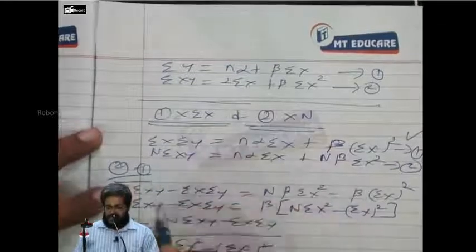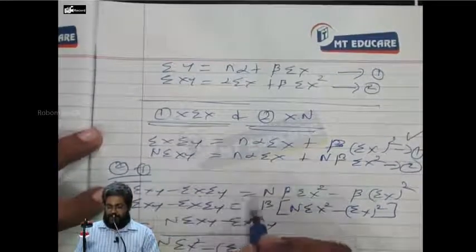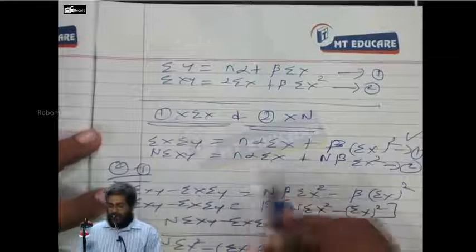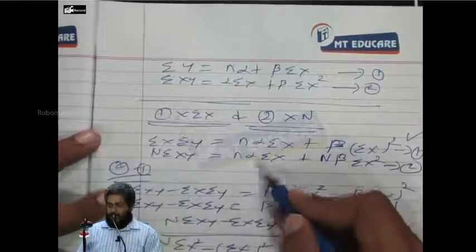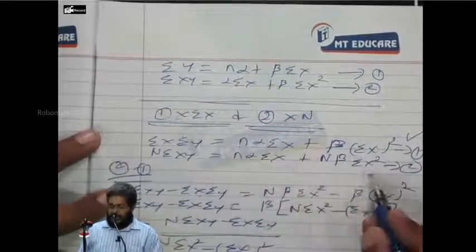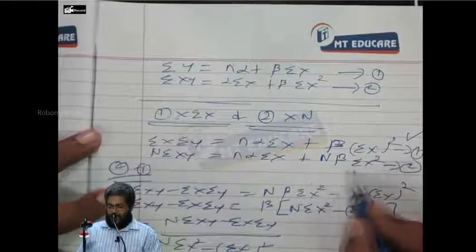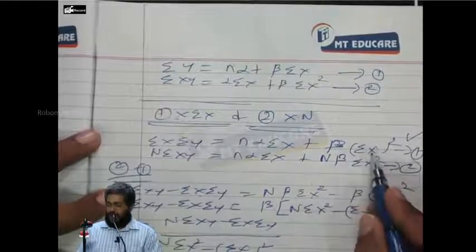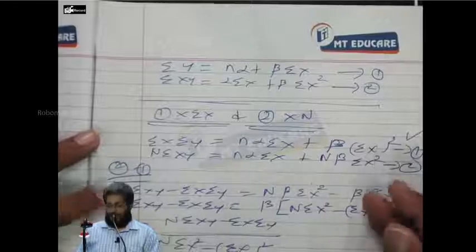On the right hand side, n alpha sigma x cancels. N beta sigma x squared minus beta sigma x the whole square.